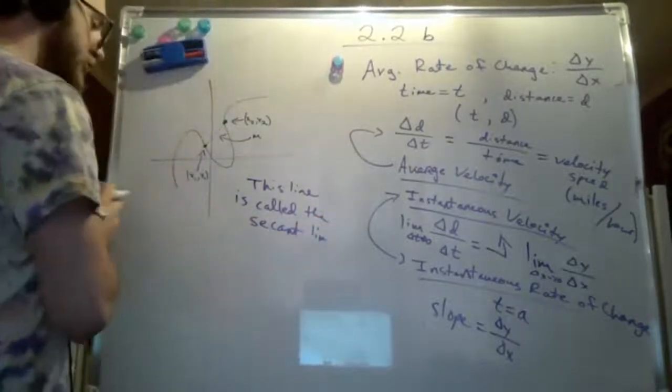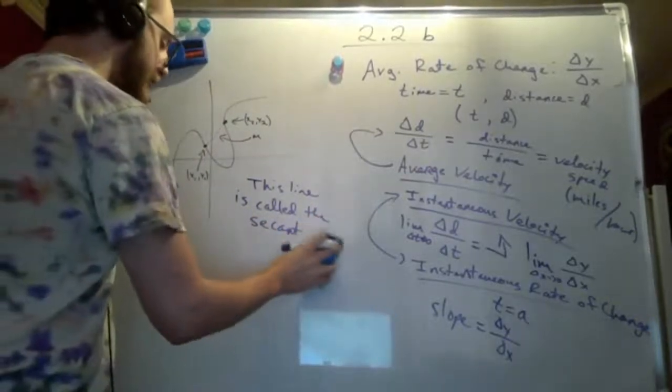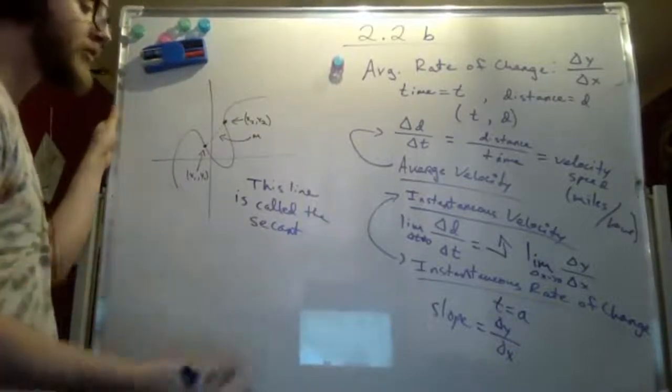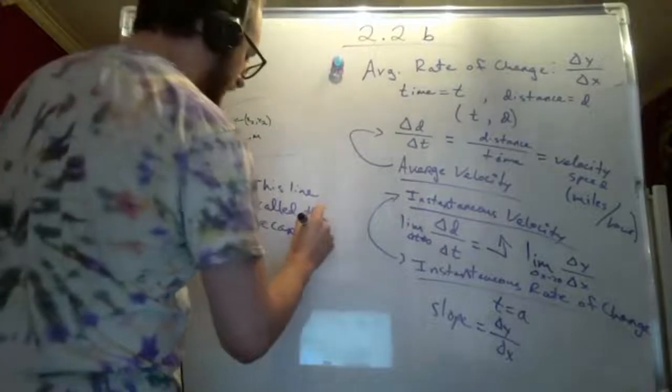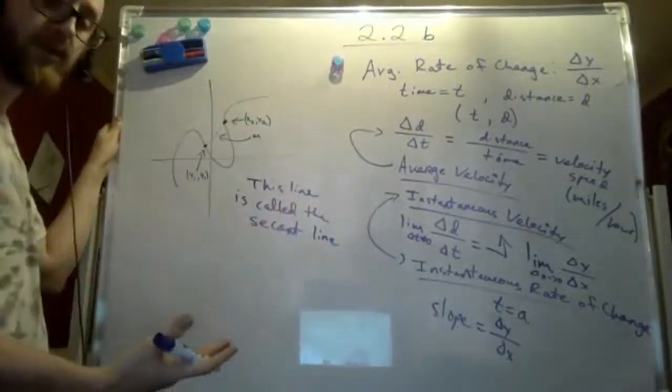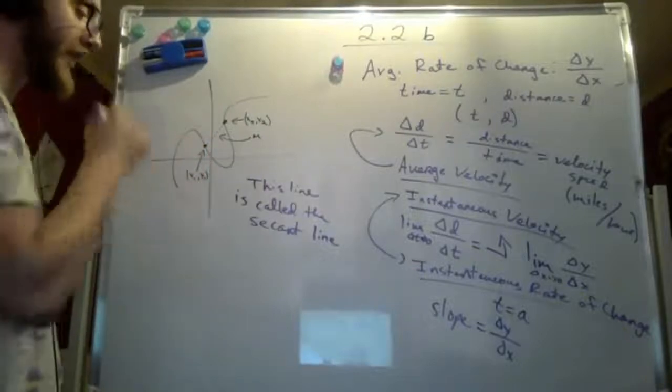Now, I'm not exactly sure if that's a vocabulary term you're going to have to remember, but it very well could be that during your Hawks learning, there may be a certified question that asks, what is the secant line? Or it'll ask, find the secant line of these 2 points. Well, this is what a secant line is.